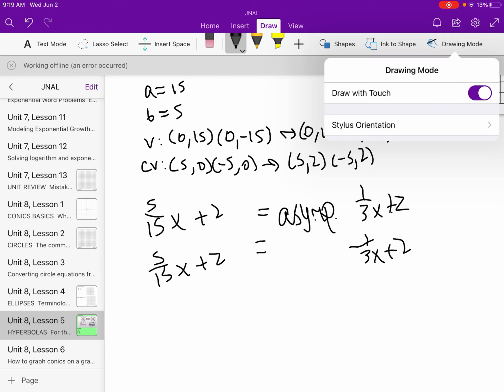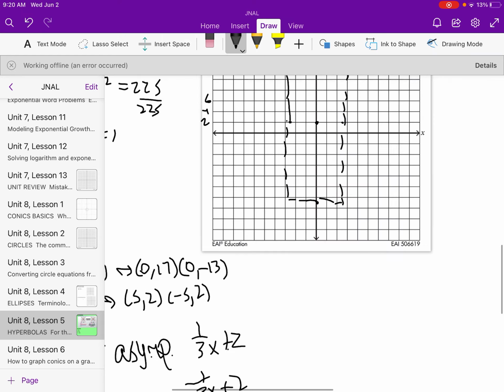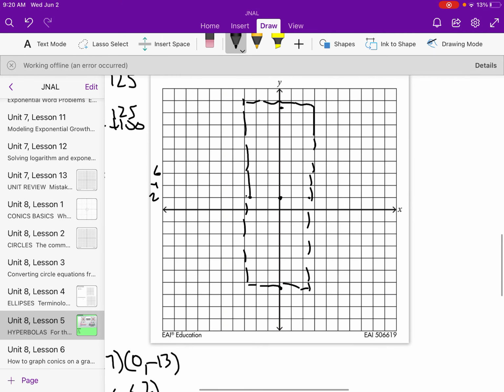Whew, hot in here. Very hot in here. Okay, now, since this is such a weird graph, I'm not going to graph that exactly, but our asymptotes, I'll make them dotted. They would go like this.